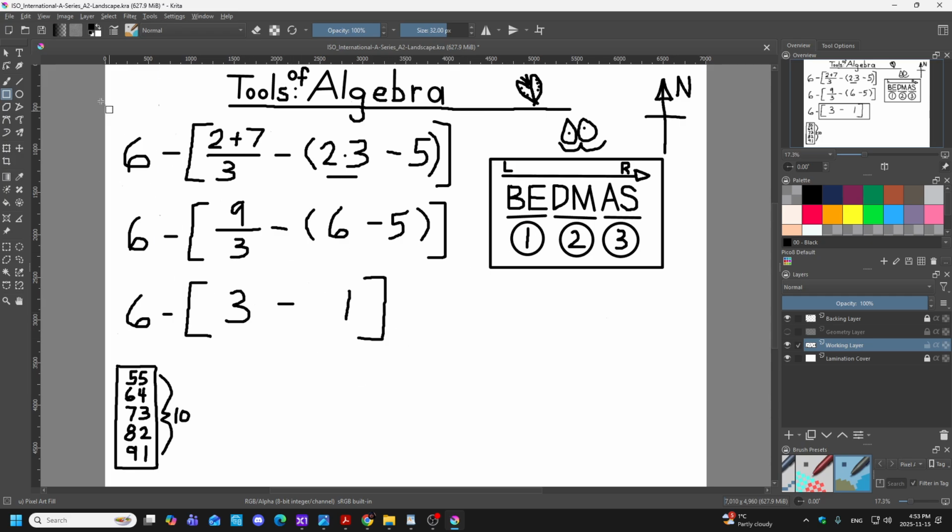All right. So, continuing. 6. Don't forget your 6, because that's our final left-hand side. Now we're down to left-hand side and right-hand side. Okay. 3 take away 1. Simple math, right?